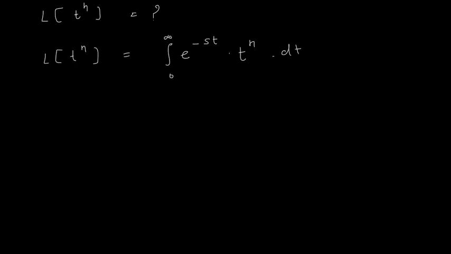So for that we will put this st as z. Here we do some substitution. Let st be z, therefore t will become z upon s and dt will become 1 upon s into dz.